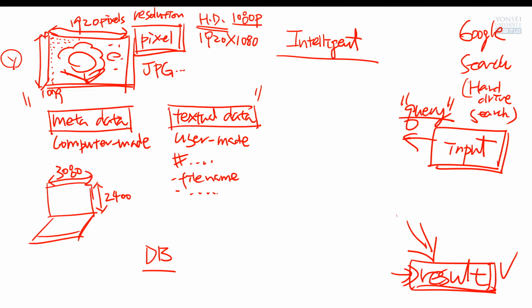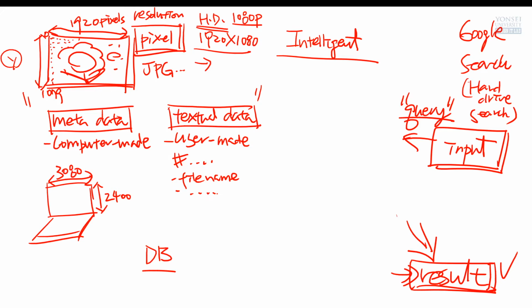But anyway, the reason for saying this is, computers handle metadata and textual data, and users' textual input is also textual data, but they need to compute the pixels one by one. So how many pixels? I'm not sure how many, but around some millions of pixels in one single picture.